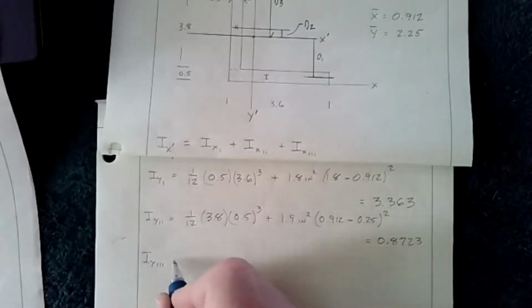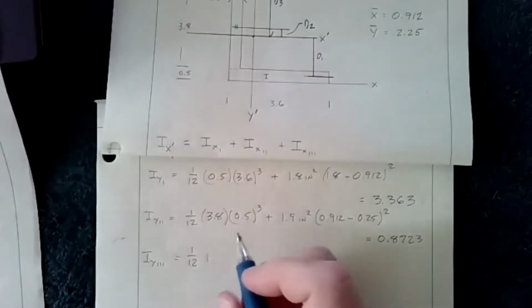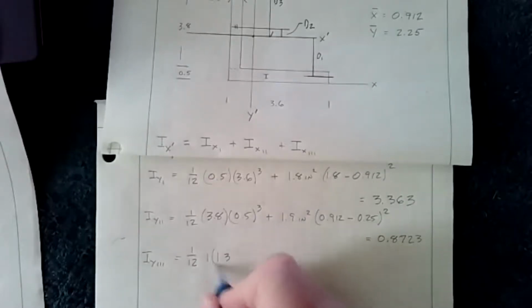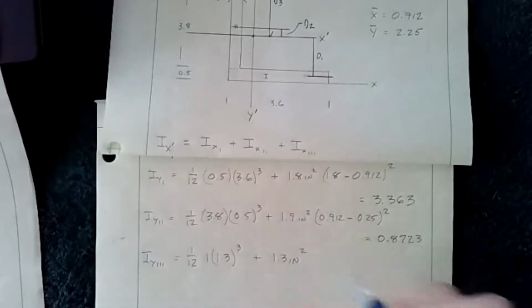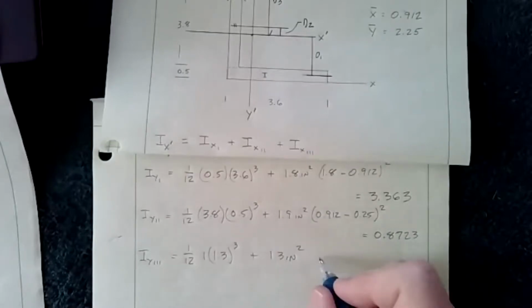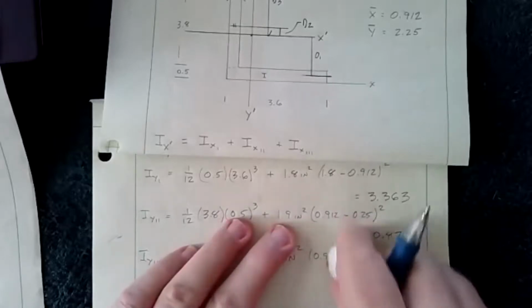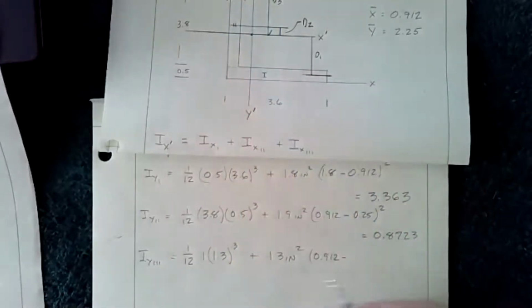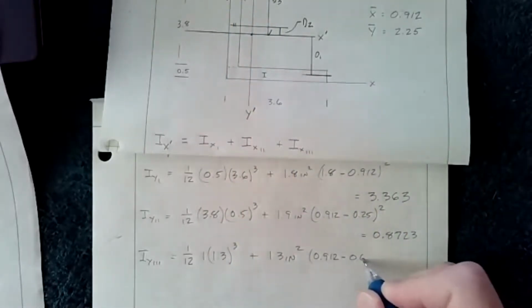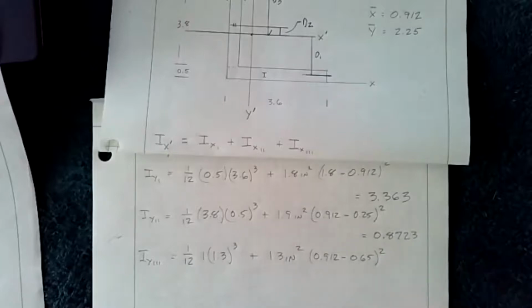All right. So then lastly, we have y3. And that's going to be, again, 1/12. 1 is the base, 1.3 cubed, and then that's going to be plus 1.3 inches squared. And then in this case, it's going to be 0.912. And then we know that if it's 1.3 tall, then half of that is 0.65, so 0.65 squared.